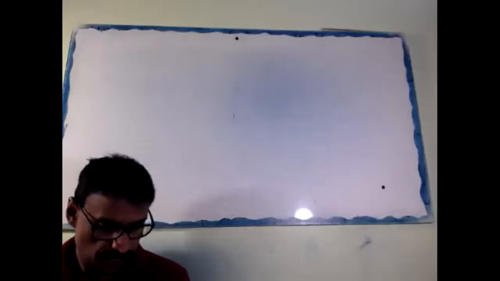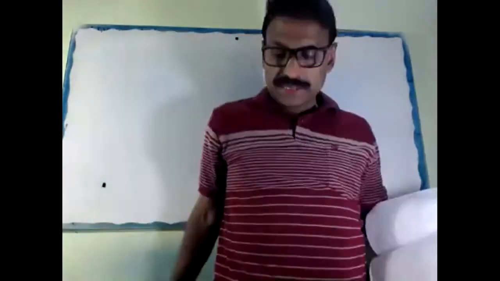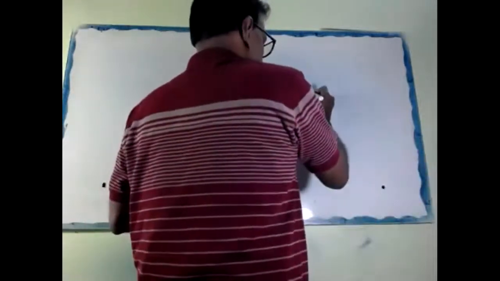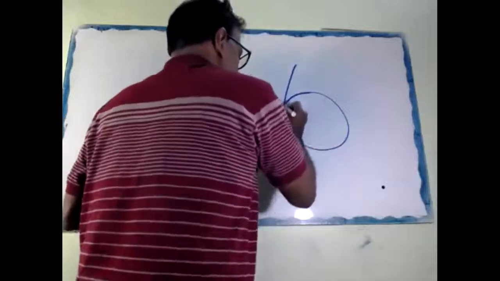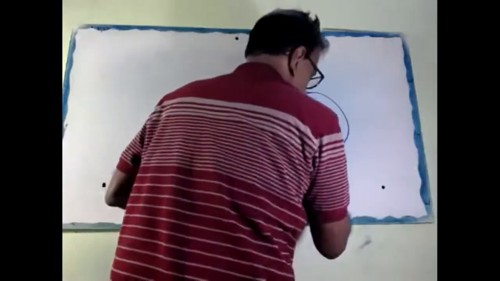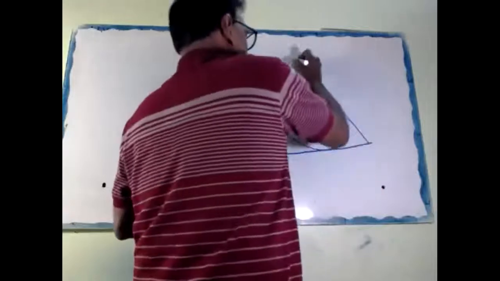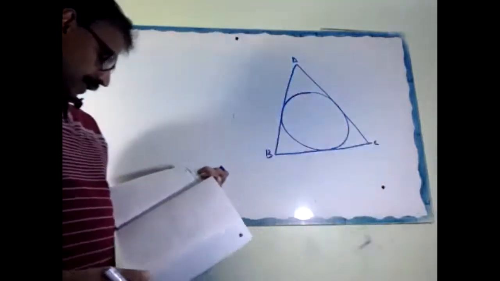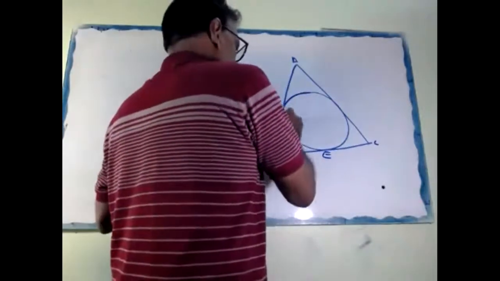In figure, if AB equal to AC, prove that BE equal to EC.